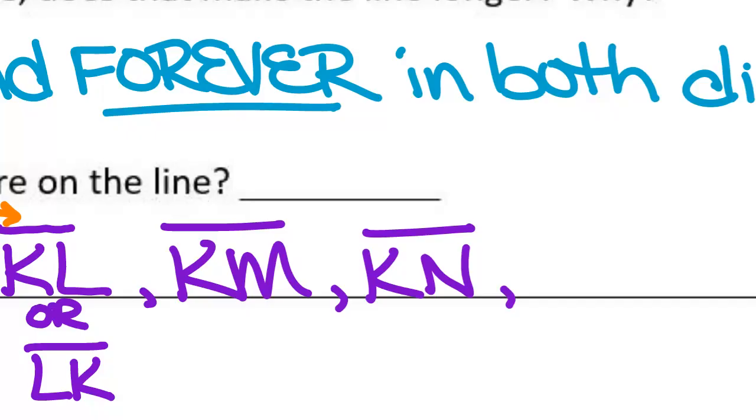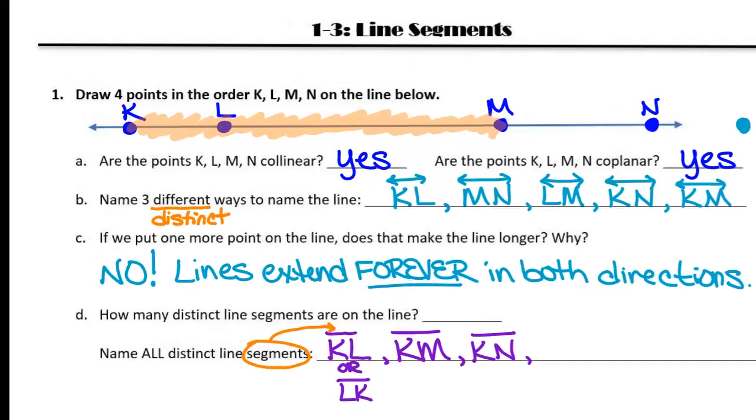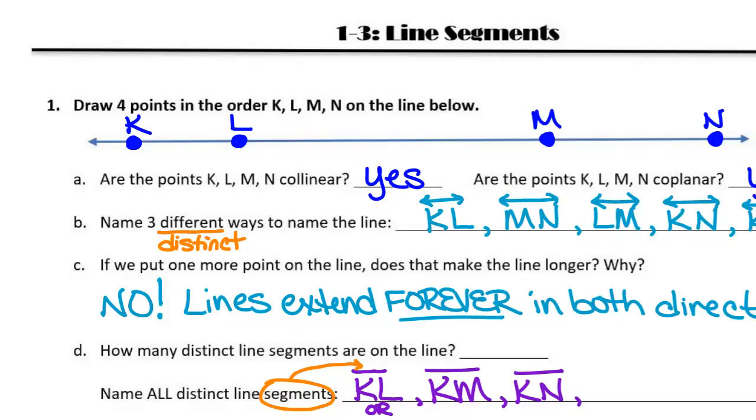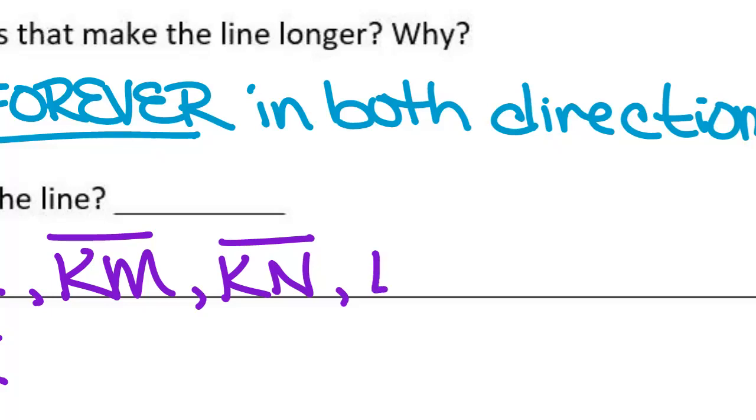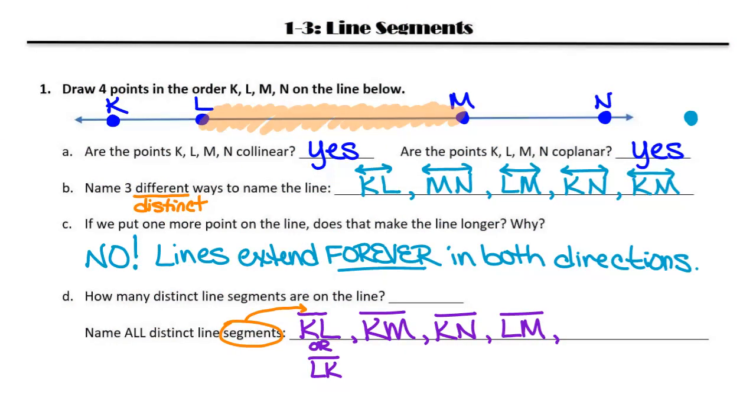So now I'm going to start back over at the beginning, but I'm not going to go as far left as I can go. I'm going to leave K out this time, and I'm going to start at L. I can go from L over to M. So segment LM. Do you see another line segment that would have L as the left-hand endpoint?